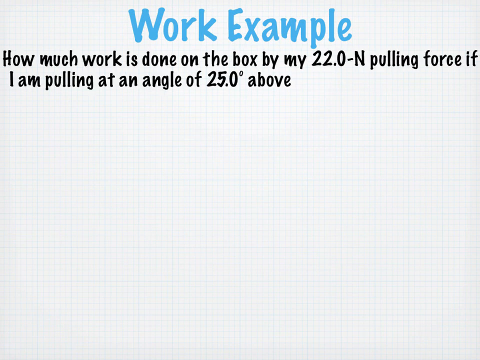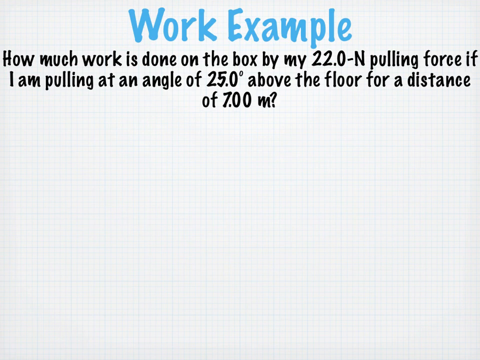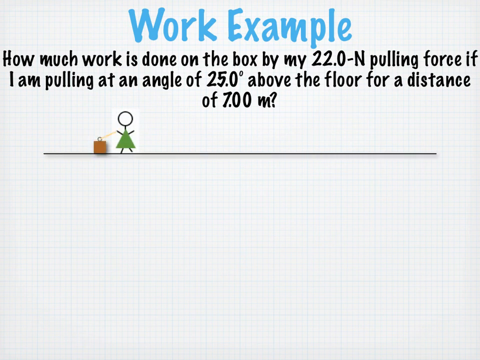Let's do an example problem. How much work is done on the box by my 22 newton pulling force if I am pulling at an angle of 25 degrees above the floor for a distance of 7 meters? First, what are we given? The magnitude of the pulling force is 22 newtons.